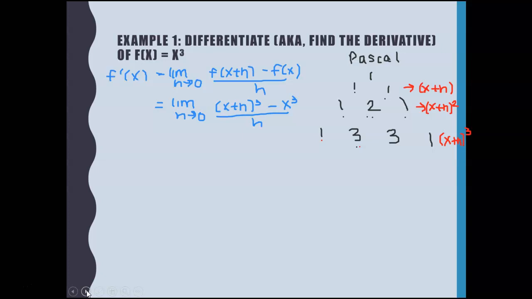The expansion says that this is 1x cubed plus 3, and then it decreases by 1, x squared, plus 3, decreased by 1, to x, plus 1, decrease x by 1, x goes away.